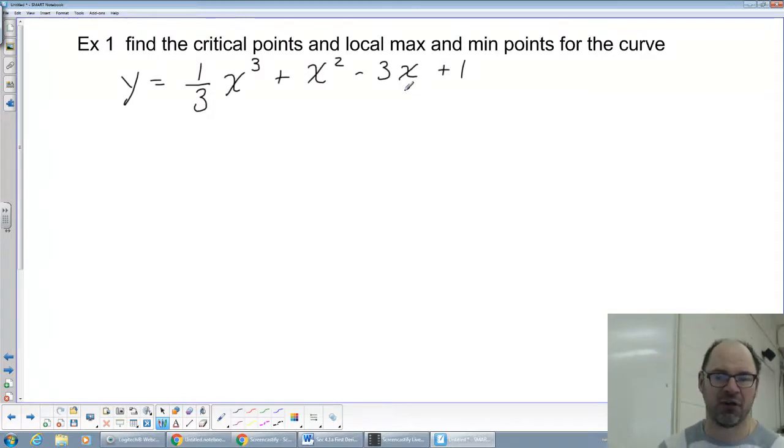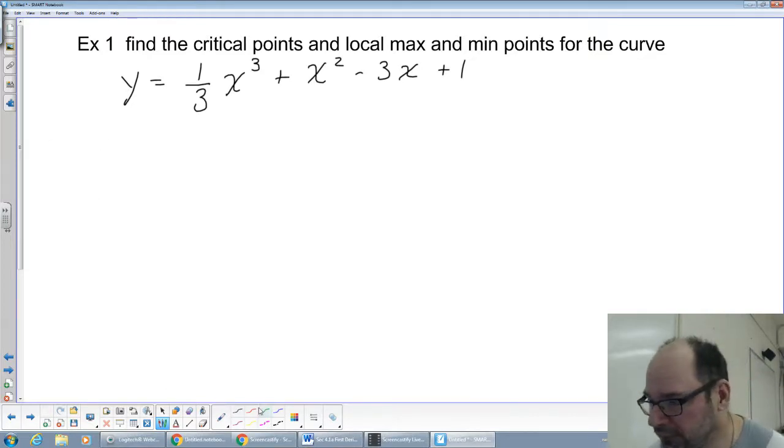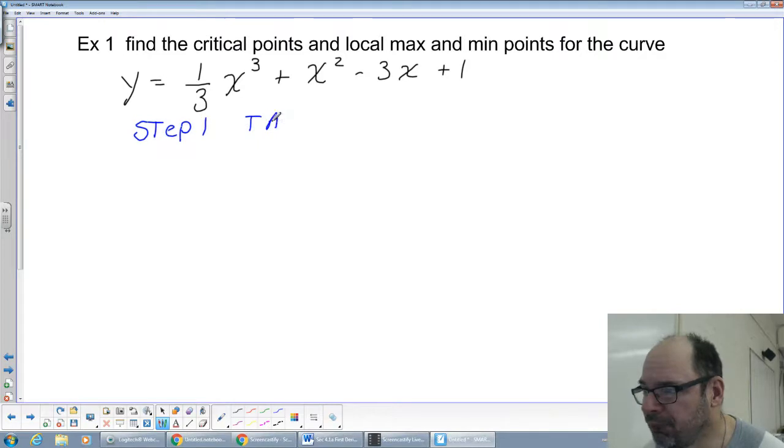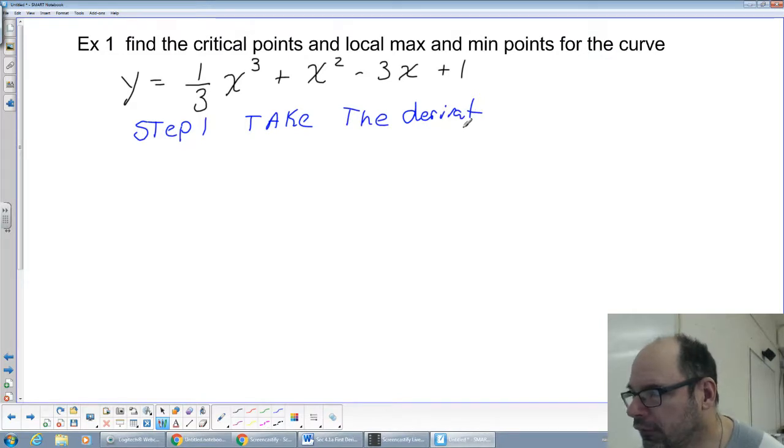The first thing that we do is take the derivative and set it equal to 0 to find the critical points. So step 1, take the derivative. I can't spell today, or any day.